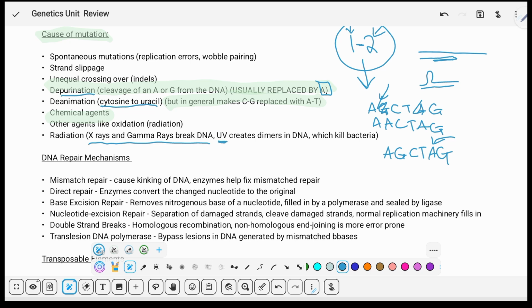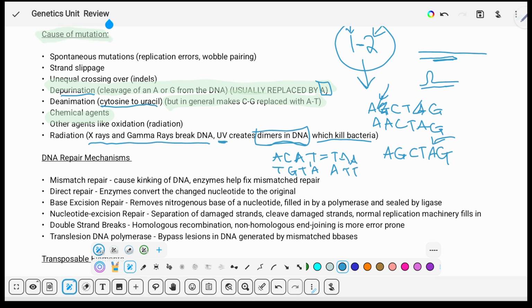UV creates dimers in the DNA, which kill bacteria. So basically, a good way to sterilize something is to shine UV light on it, because it creates these dimers where basically the T pairs to the T in the strand. So if it was A, C, A, and this was T, G, T, A, T, these T's would pair together instead of pairing that way.